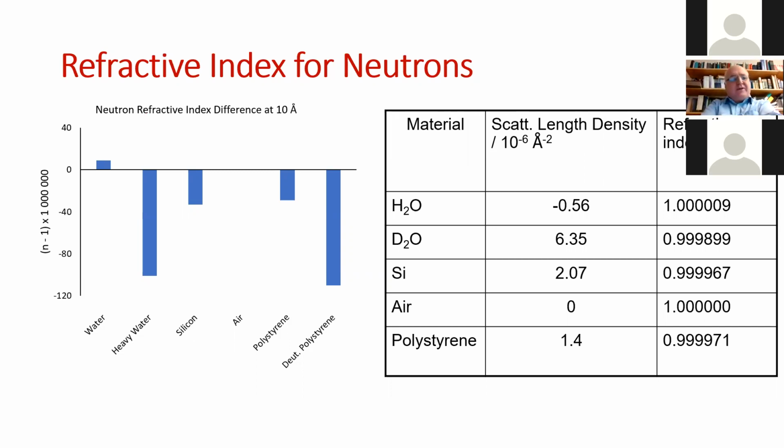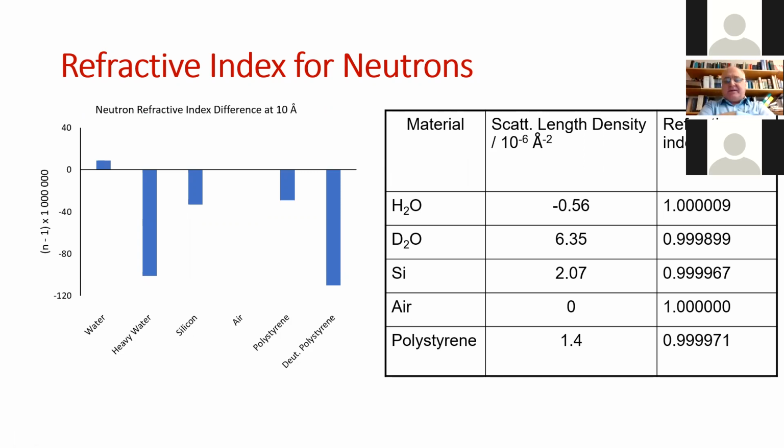But if we look at this difference and put in some of the values, you can see in this table that we actually have differences that are really very small. They're also different in that the refractive index is often slightly less than 1 rather than slightly bigger than 1.